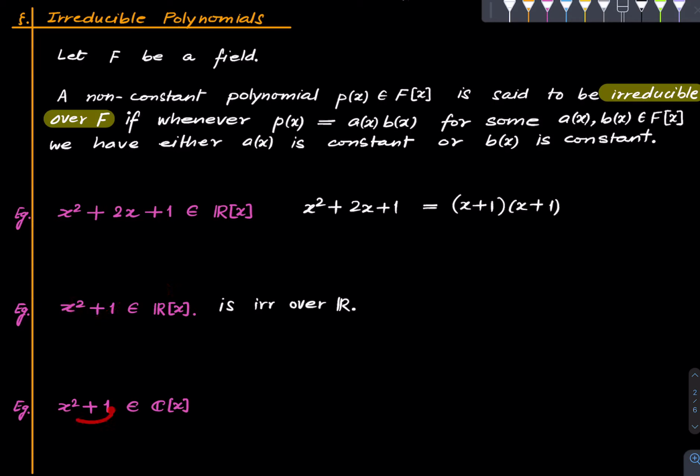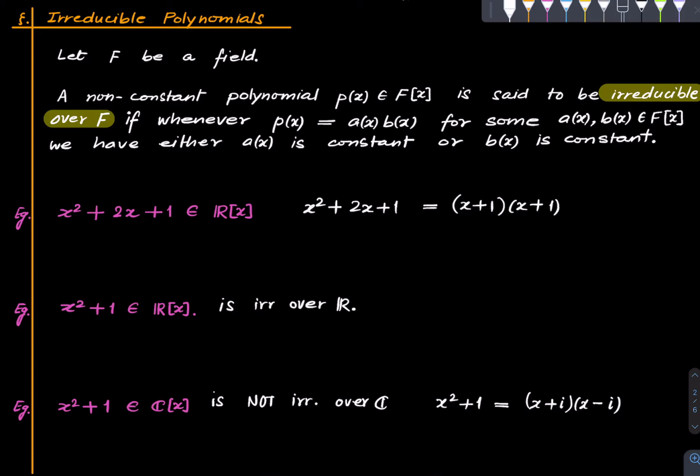However, the same polynomial is not irreducible over C, the field of complex numbers, because clearly x squared plus 1 equals (x plus i) times (x minus i).